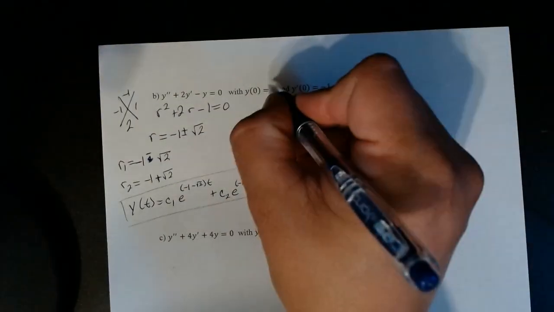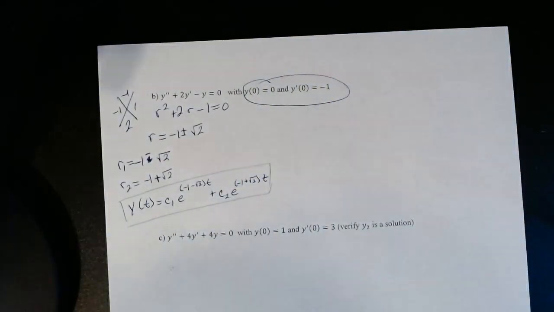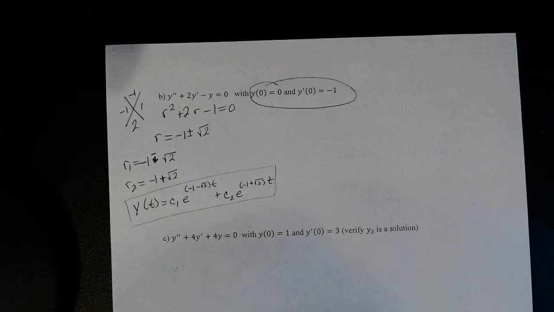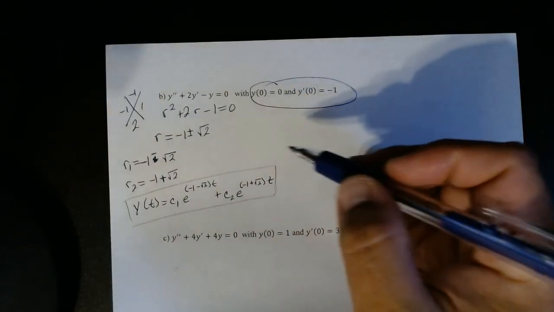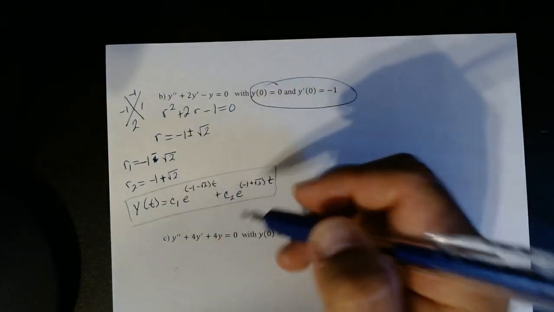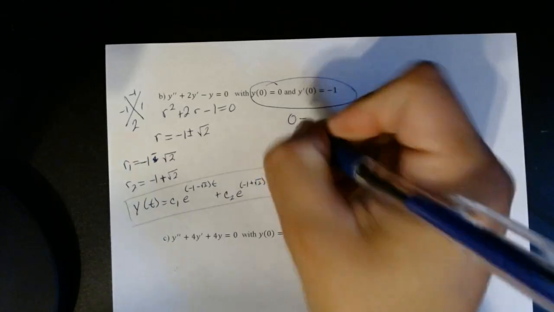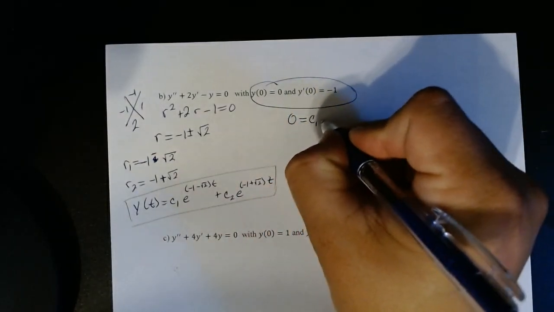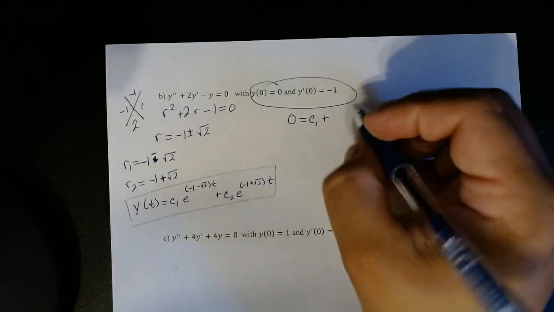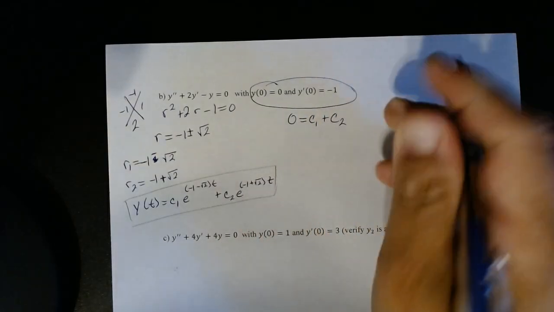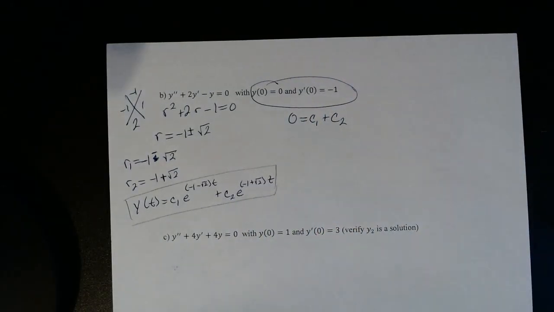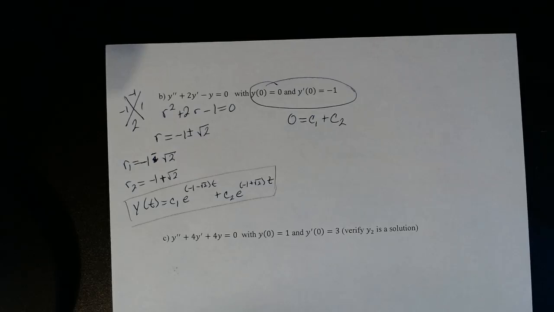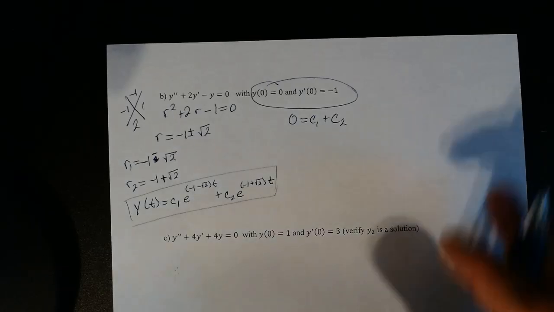So now we have to solve our initial conditions. So plugging in 0 for t and setting the whole thing equal to 0. So e to the 0 power is just 1. And same process here. So c1 and c2 are just the same number with opposite signs of each other.